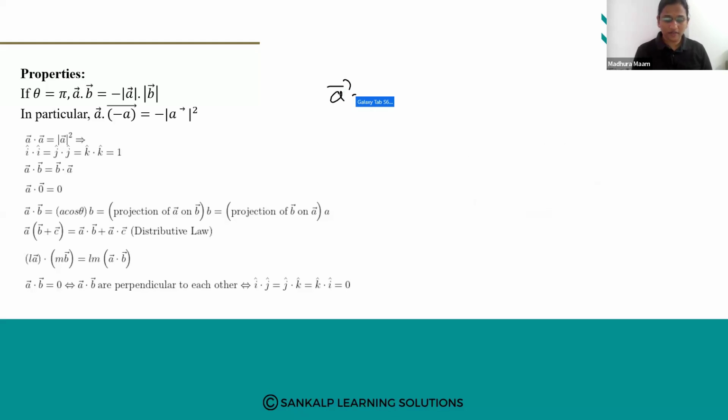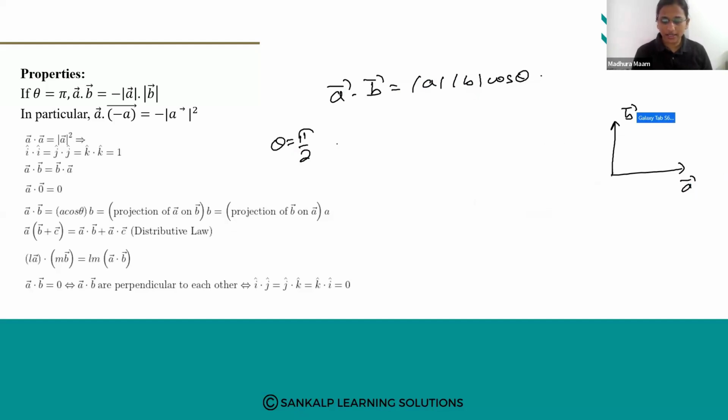Next, now see, what is A dot B defined as? Magnitude of A into magnitude of B into cos theta. If theta equals pi by 2, that is 90 degrees, the angle between A and B is 90 degrees. Let us see what the dot product becomes. A dot B equals magnitude of A into magnitude of B into cos 90.